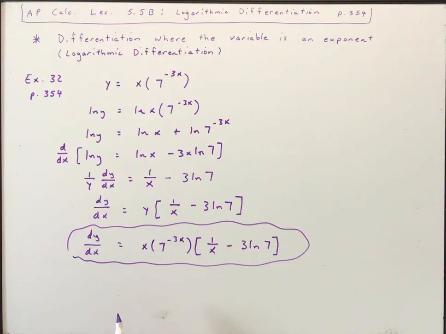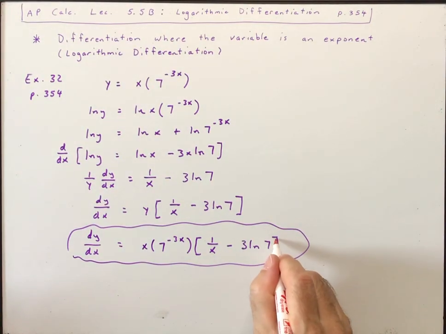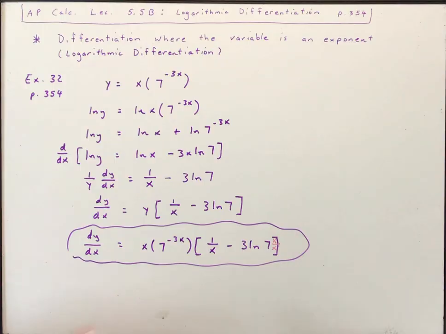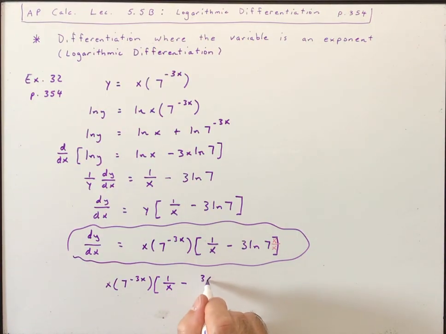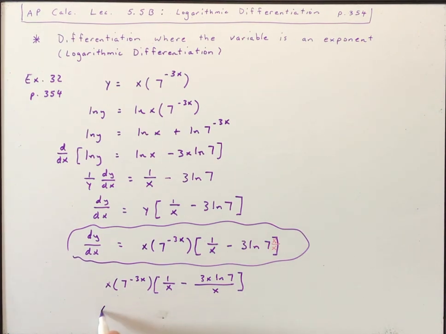However, the back of the book will just make the whole thing more difficult. So they would multiply this term by x over x. That's just a clever version of 1. So that you would have x times 7 to the minus 3x times 1 over x minus 3x natural log 7 over x. Now you can put these two fractions together.